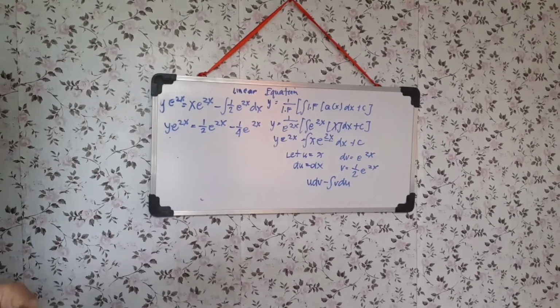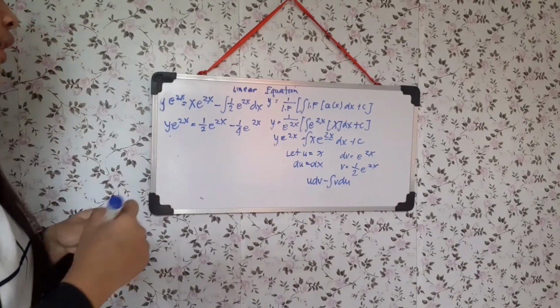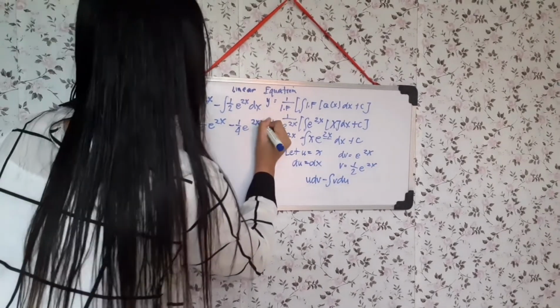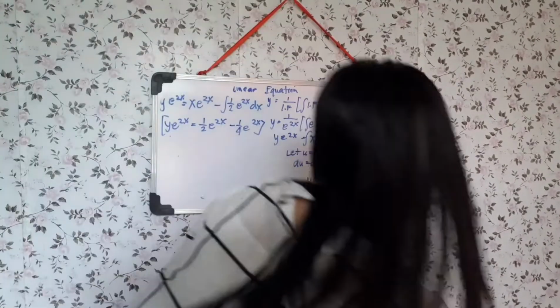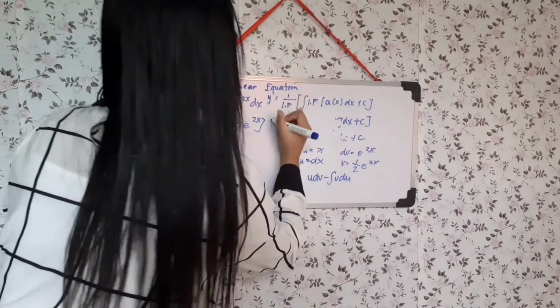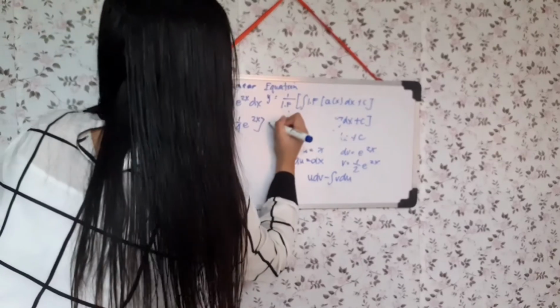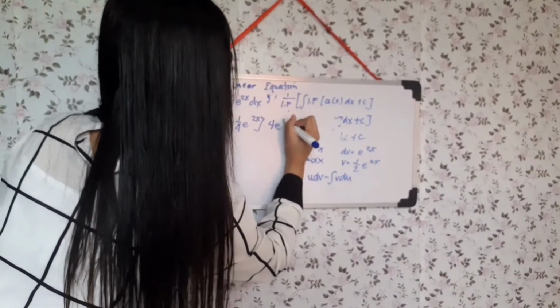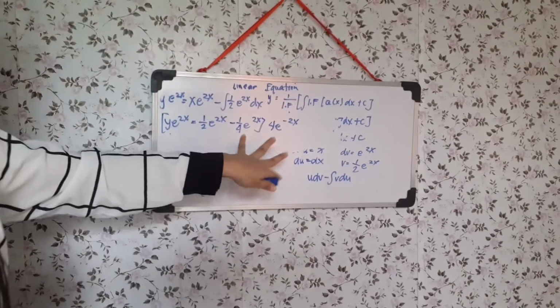Then multiply by e to the negative 2x to cancel out. So multiply by 4e to the negative 2x to have a cancellation.